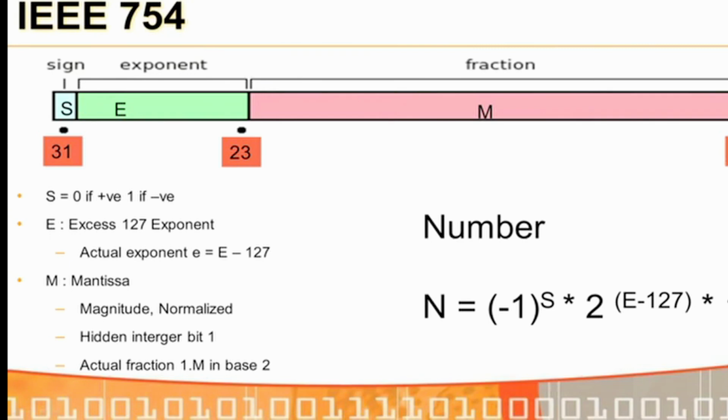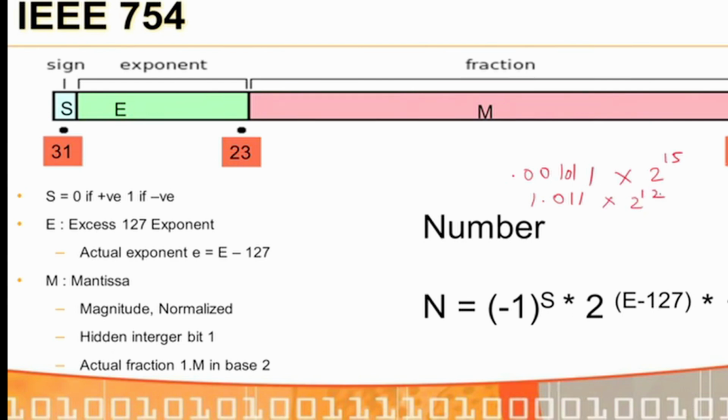So whenever I get a binary number, say 0.00111 times some 2 power 15, I will now make it as 1.011 into 2 power 12.